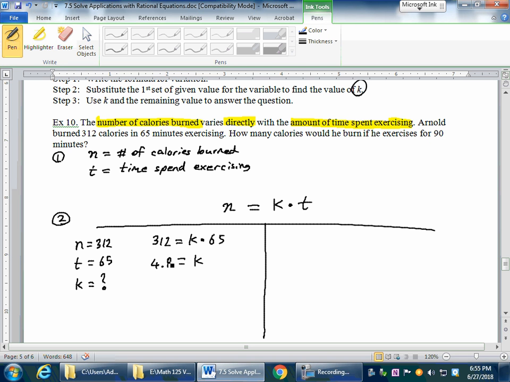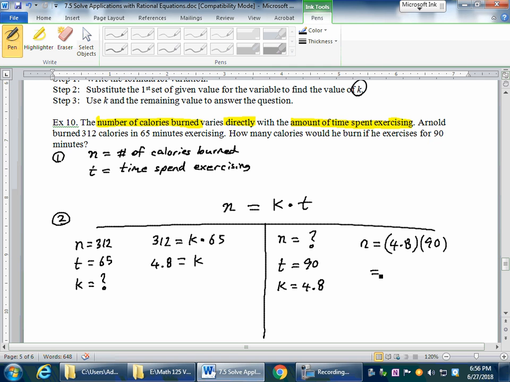Continuing the questions, how many calories will be burned if he exercised for 90 minutes? So the next question is asking how many calories will be burned. That will be my n, question mark. And then he exercises 90 minutes. So k, we can use the k that we just found, which is what? 4.8. Now, finally, we can answer the question that's asking, right? My n will be equal to 4.8 times 90.